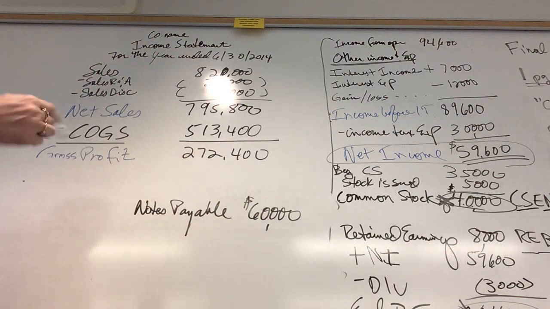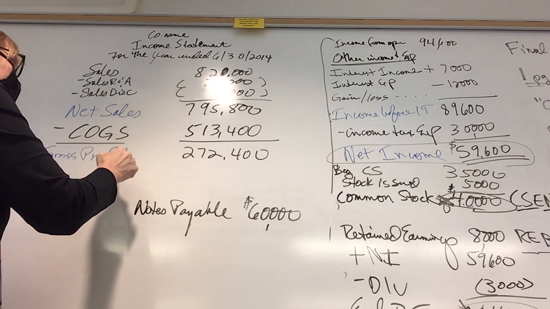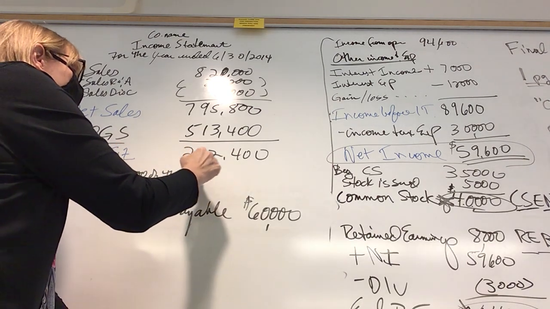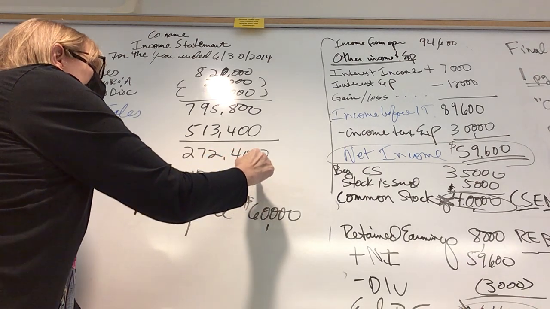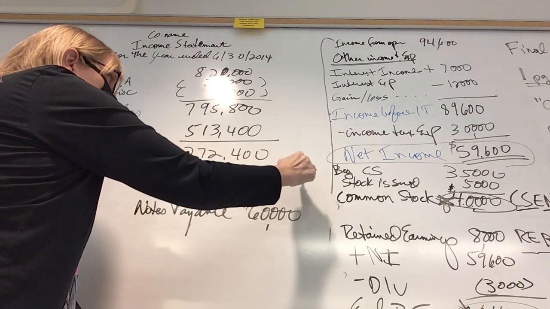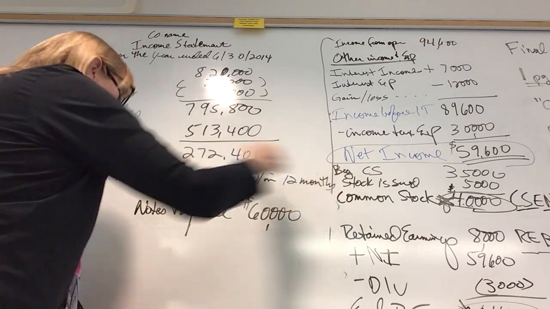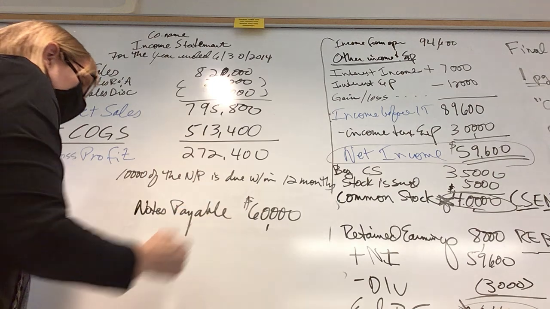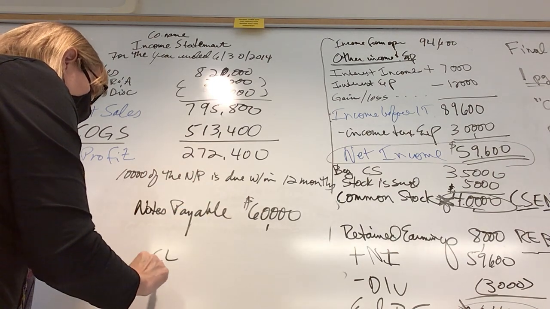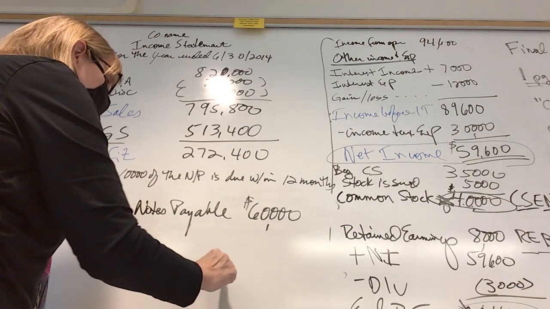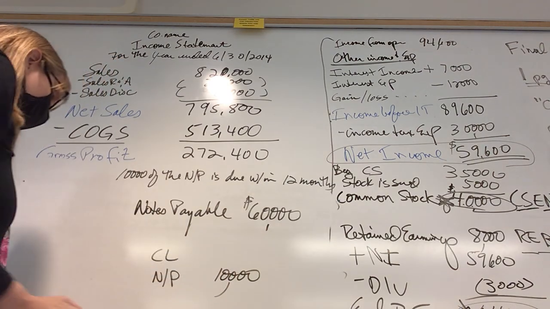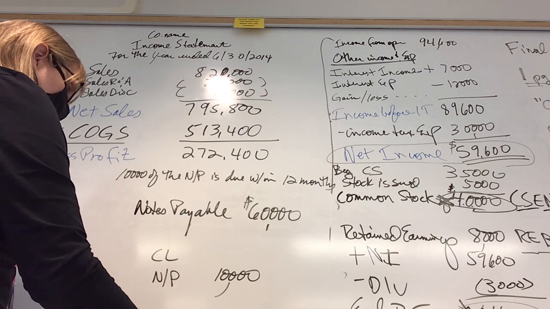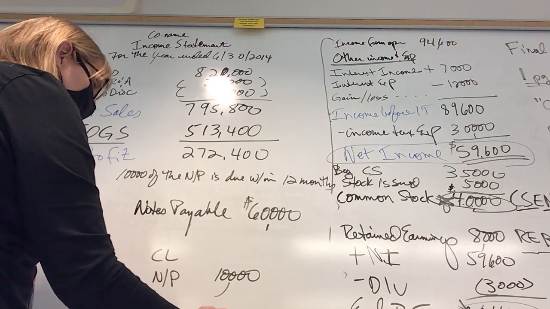And then in the verbiage to the problem, it'll say something like this: 10,000 of the notes payable is due within 12 months. That's not another 10,000. They're telling you how much of this to put in the current. So under the current liabilities, you're gonna put notes payable, 10,000. And under the long-term liabilities, you're gonna put notes payable, and you're gonna put the difference, 50,000.